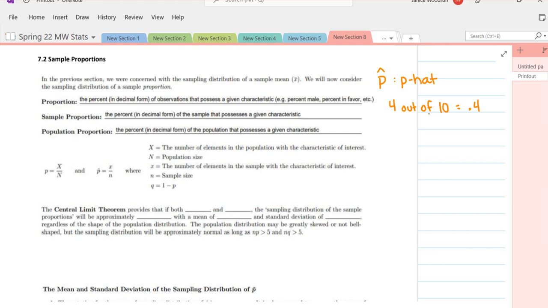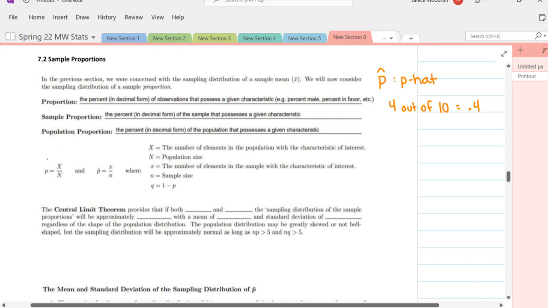your formulas here for this. So you have, for a population and a sample, your p hat, okay, or your p. So just p, this is going to be for population, so this is x over n. So x, the number of elements in the population with the characteristic of interest, and n, the population size.